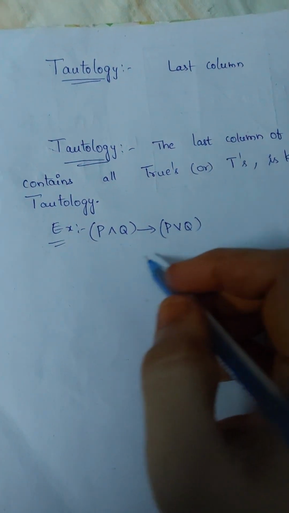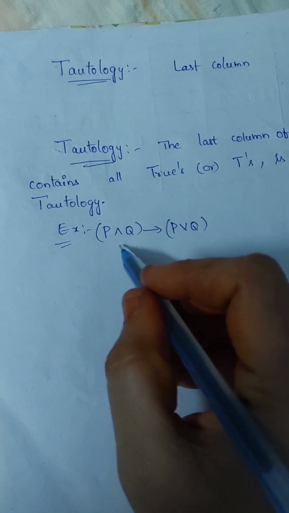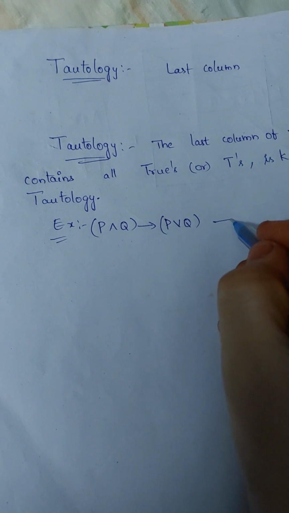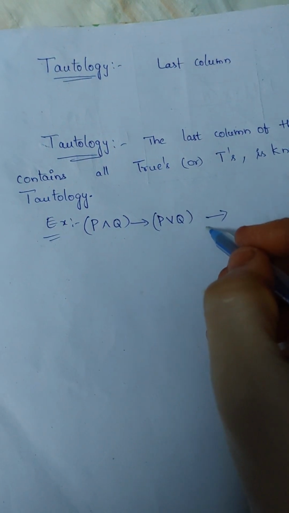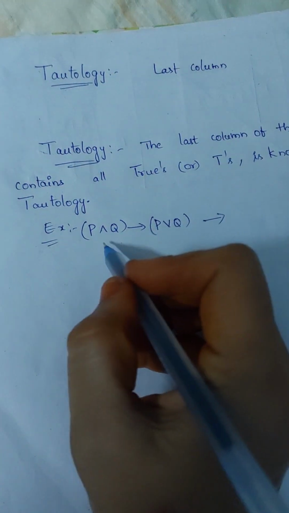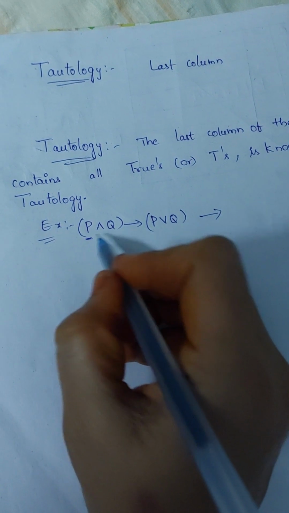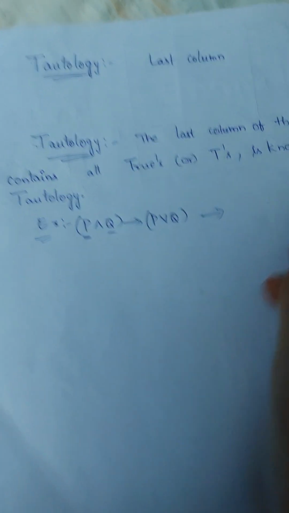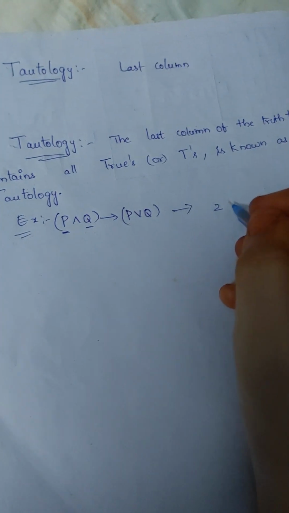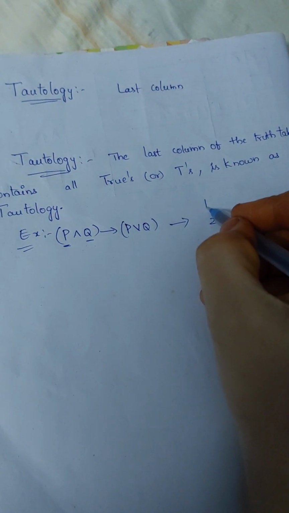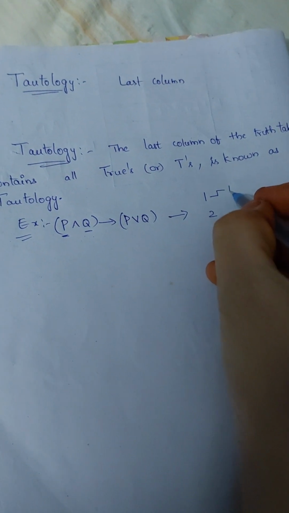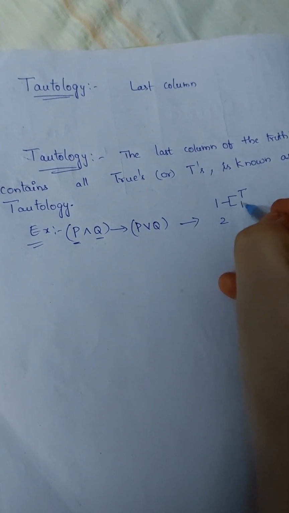Before writing the truth table, observe how many statements are available in this expression. Here one is P and the other one is Q, so there are two statements. If one statement is there, we get 2 truth values, either true or false.